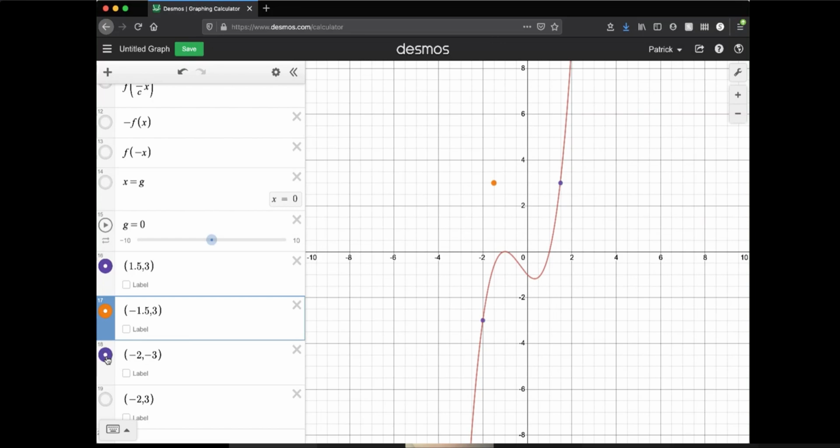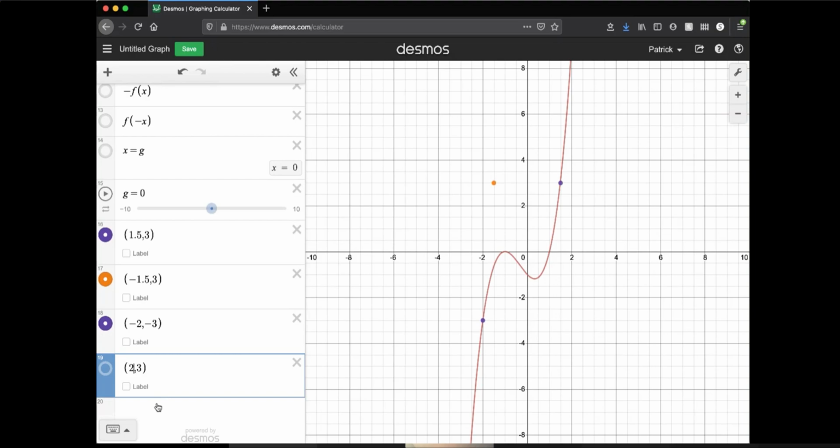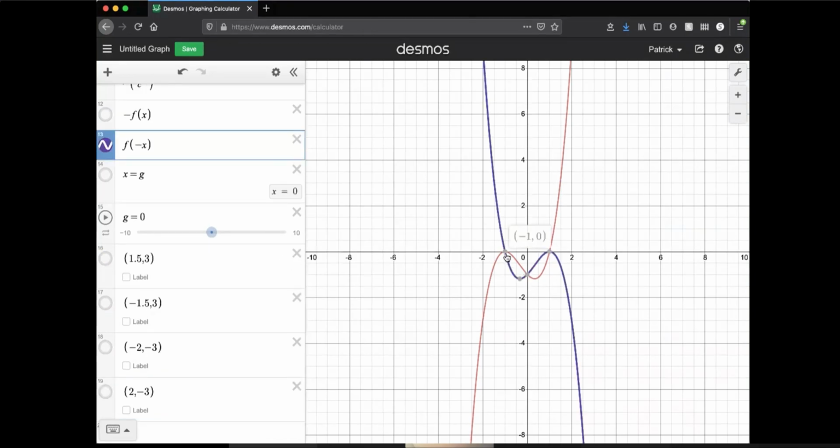And this one might get a little messy, but essentially this purple point, when you negate the x value, goes to this orange point over here. And so it's flipping over the y-axis. And we end up getting this point, and this point that we can graph. It's like you set up a double-sided mirror on the y-axis and you just traced what you saw in that mirror.